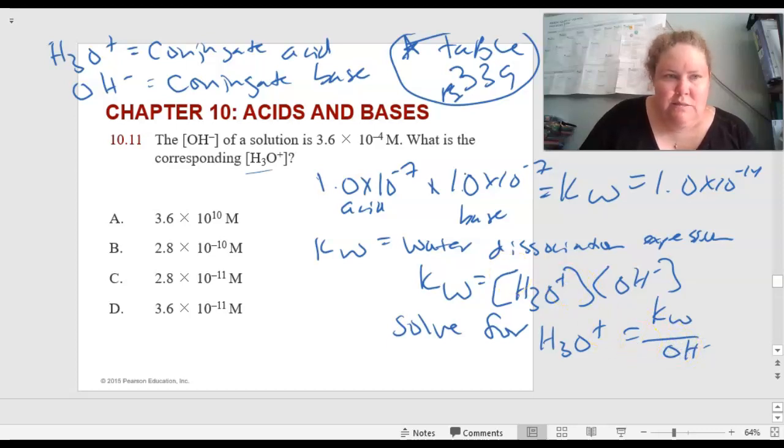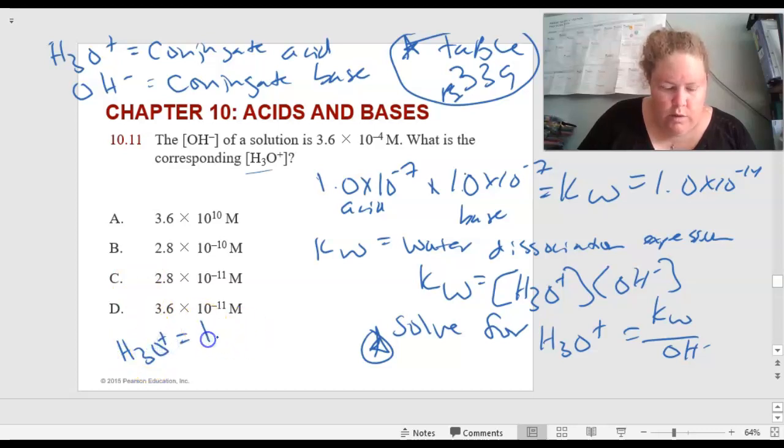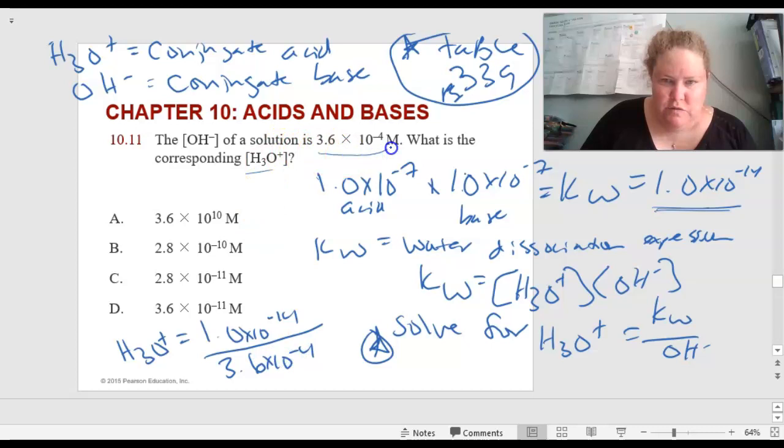So when we plug in these numbers using this formula right here, we have your H3O is going to be 1.0 times 10 to the minus 14, and that came from right here, and then that over 3.6 times 10 to the minus 4, and that comes from right here.